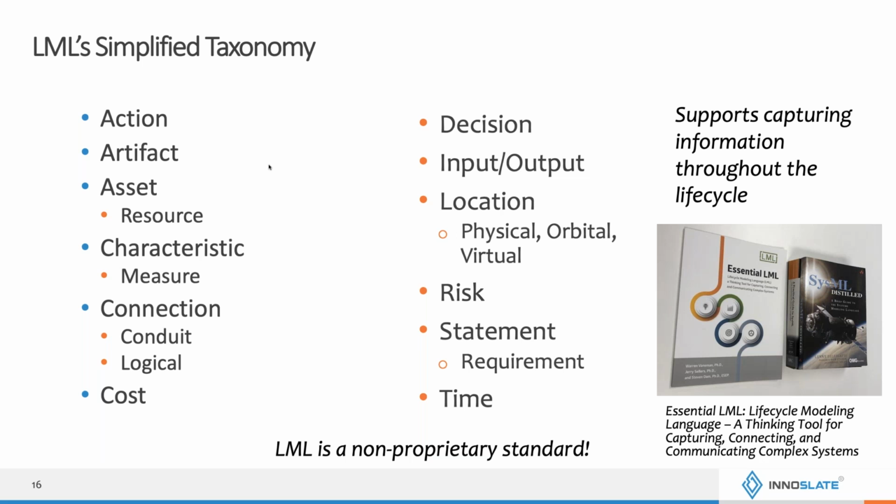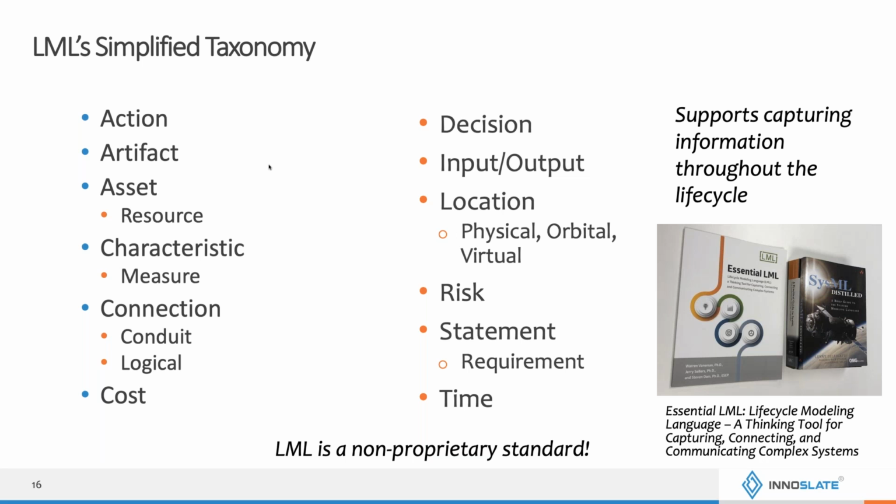Also characteristics, that gives us kind of floating attributes you might want to think of for assets or anything else in the ontology. Measures are where you put your metrics, easy to remember that. Connections is an abstract class and has two concrete classes, which are the conduit, which is your physical pipes, and logical, which is a relationship. So again, very easy thing to understand and work with.